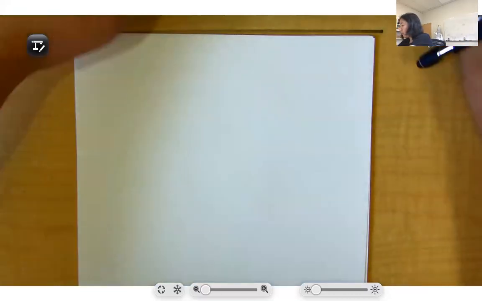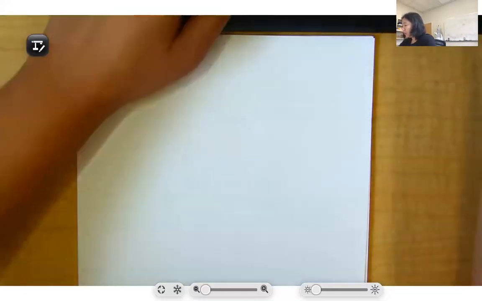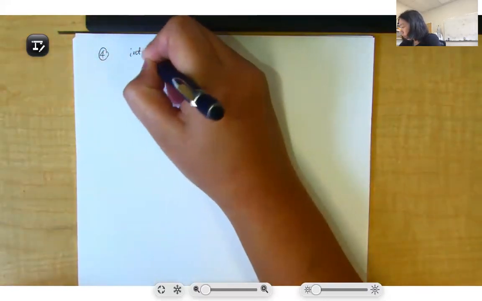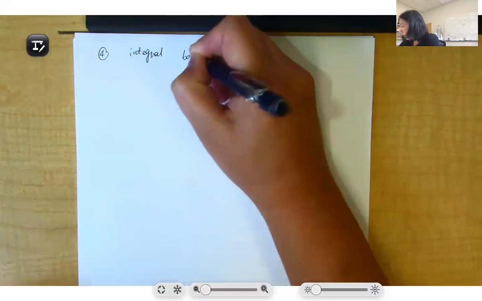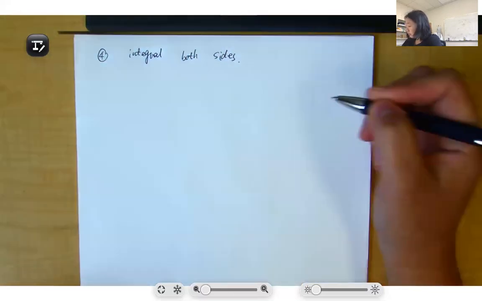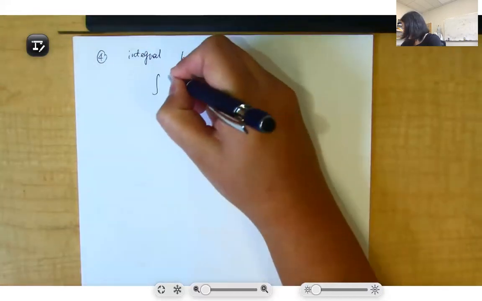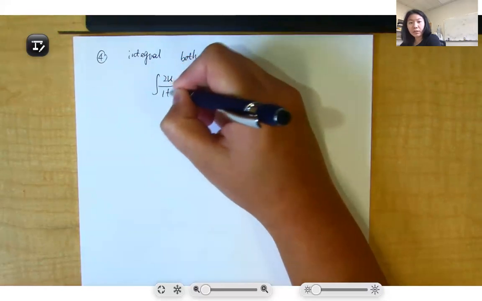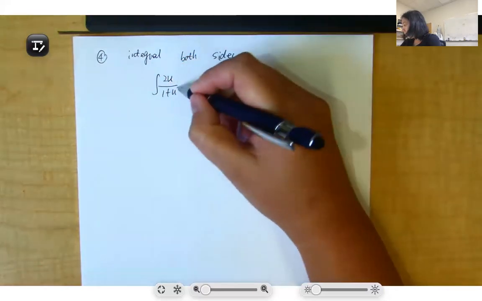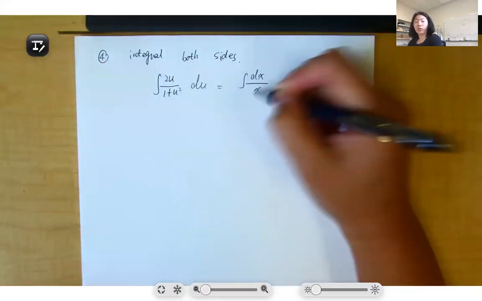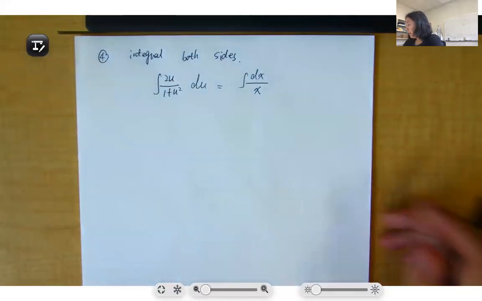So the first step will be to integrate both sides, which is 2u over (1 plus u squared) du equals dx over x. We just integrate both sides.